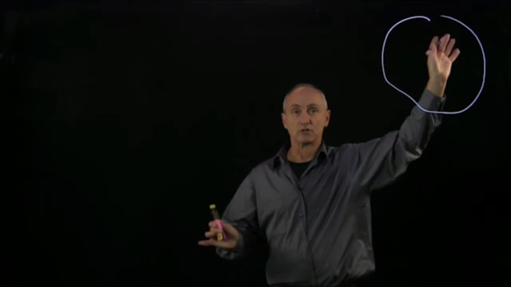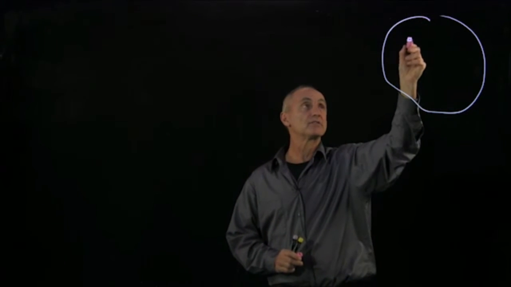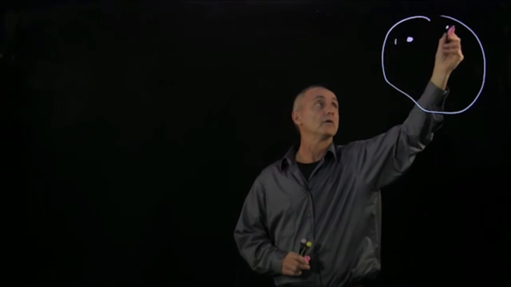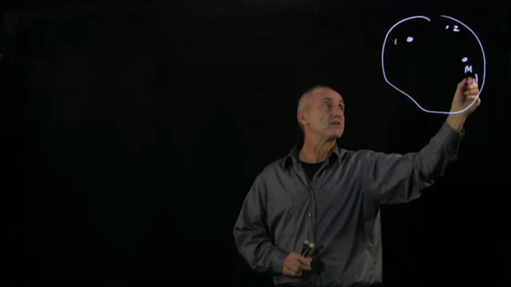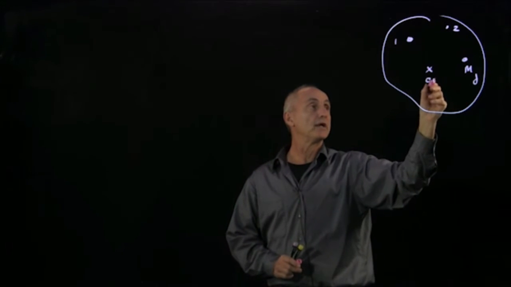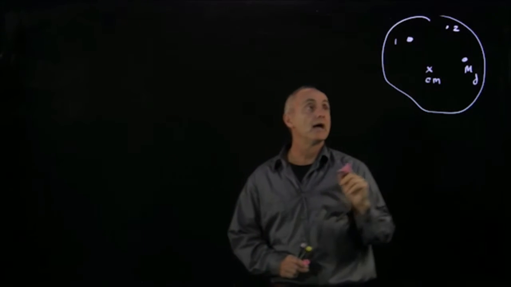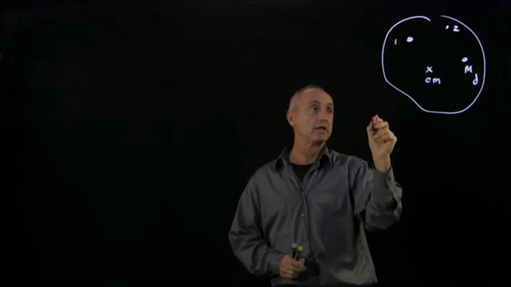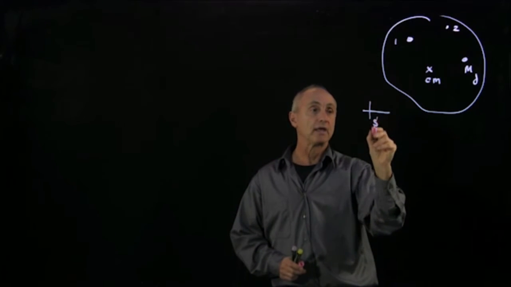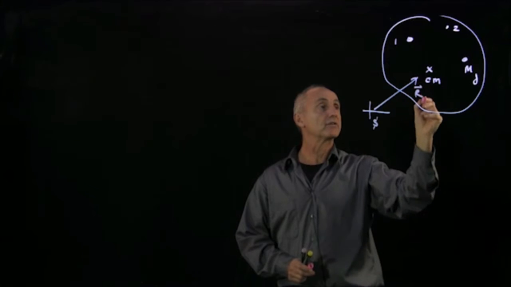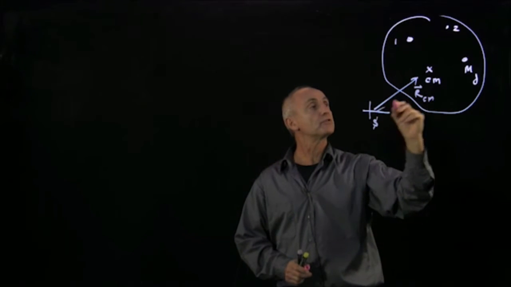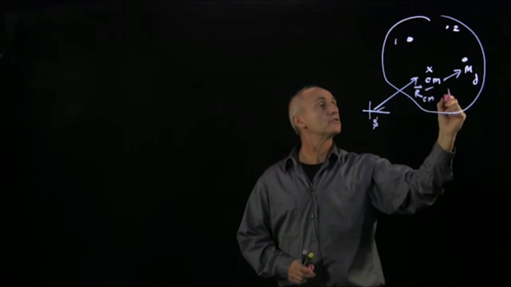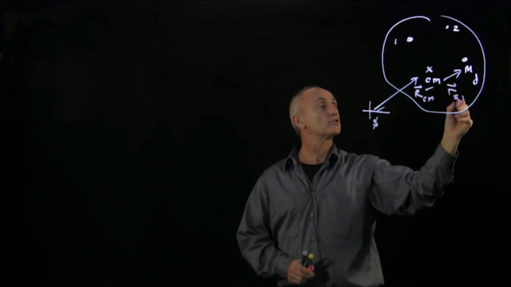I'd now like to talk about the velocity of the center of mass for a system of particles. So let's take a system, which I'll just outline by this. In that system, we have a bunch of particles: particle 1, particle 2, and let's refer to this as the jth particle, and some point xcm. If I want to talk about the position of the center of mass, I can choose a point S. To define that vector rcm, I have to draw a vector to each object, rsj.